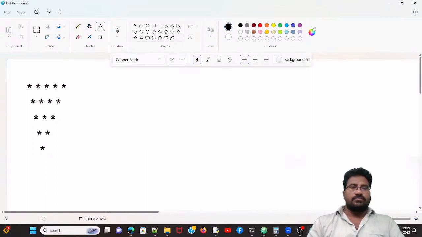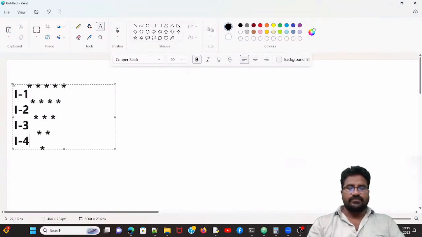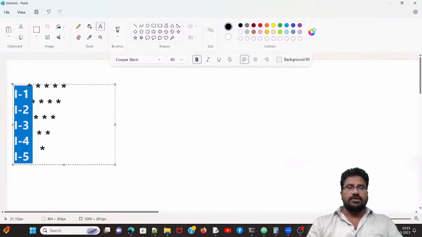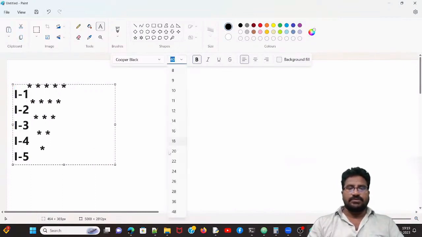Now, when I take the I values, first I is 1, commonly, I is 2, I is 3, I is 4, and then I is 5.